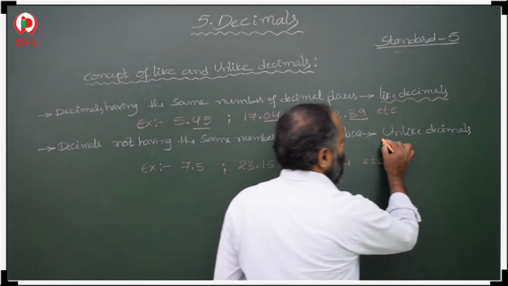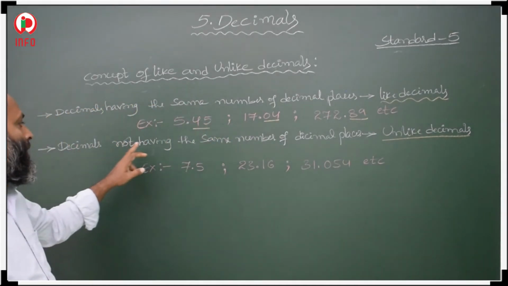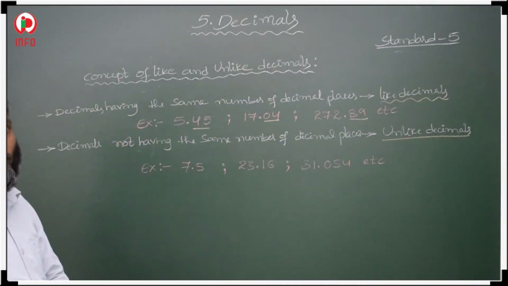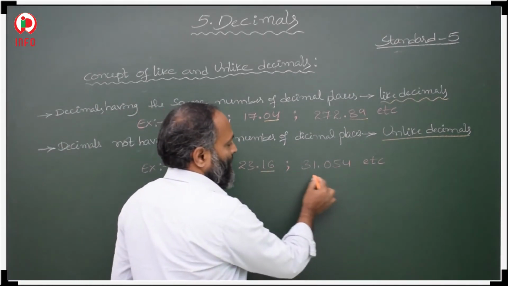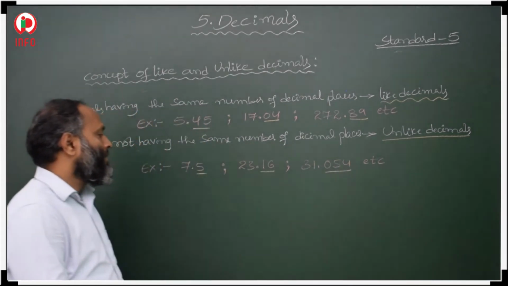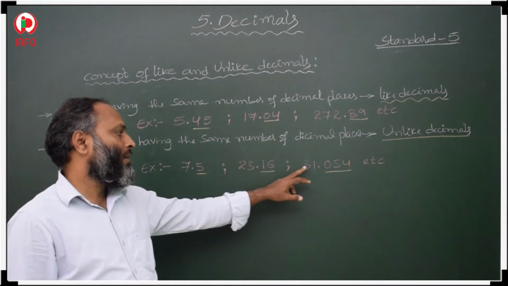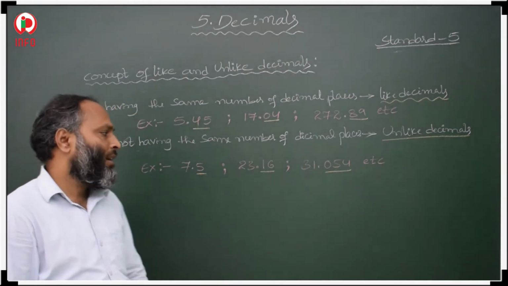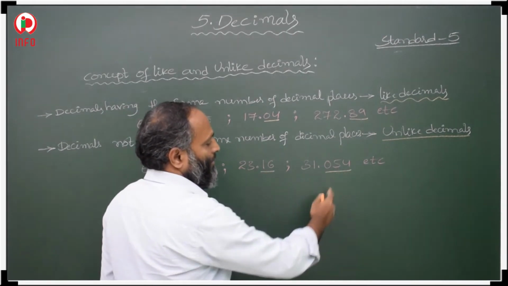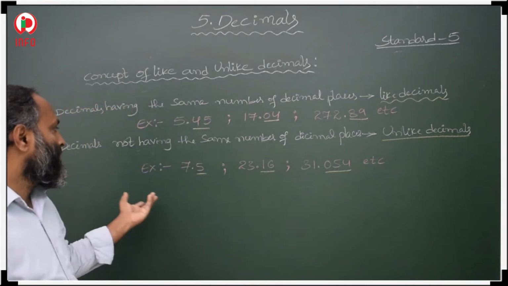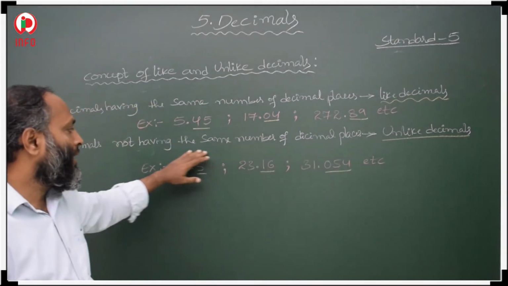Next, unlike decimals. Decimals not having the same number of decimal places. Here 1 decimal place, here 2 decimal places, here 3 decimal places. So 7.5, 23.16, 31.054. Here one decimal place is there, here two, here three. Not having the same number of decimal places, so these are called unlike decimals.